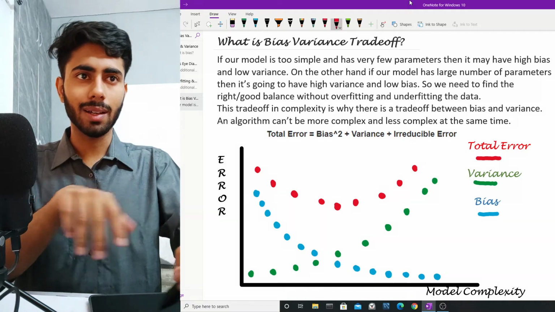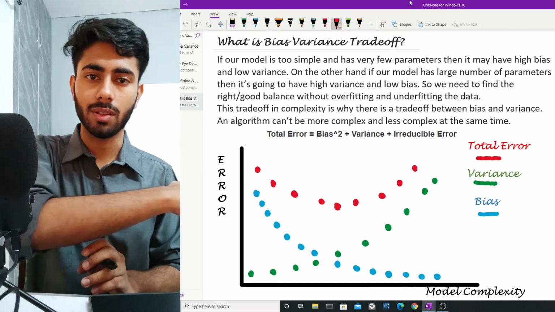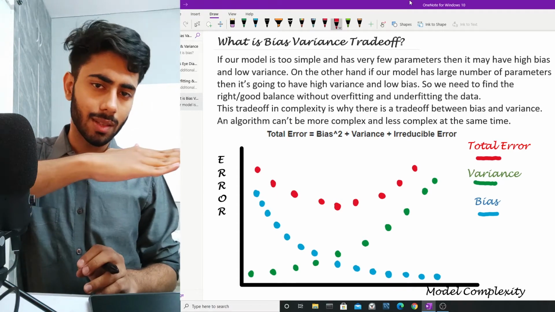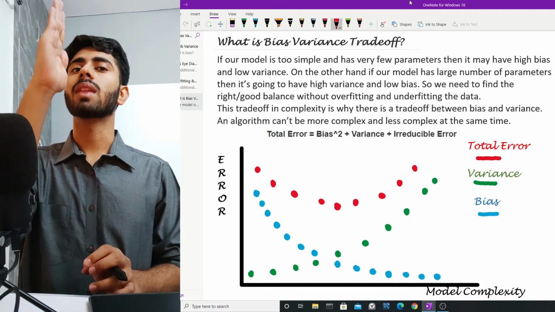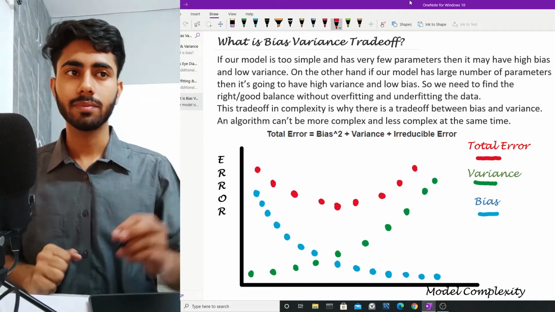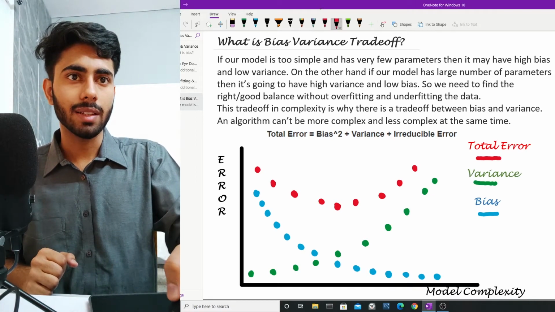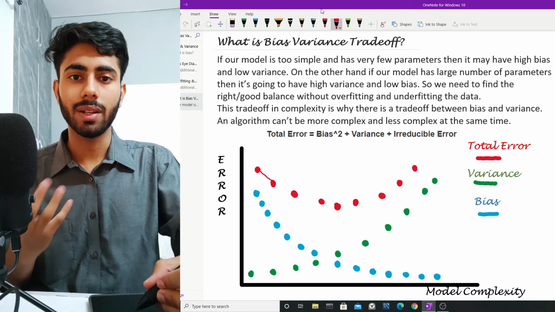So here in the graph you can see that the x-axis represents the model complexity. As we go along the x-axis, the model complexity increases. As we go along the y-axis, the prediction error increases. So here you can see that the red line, which I am drawing right now, represents the prediction error.